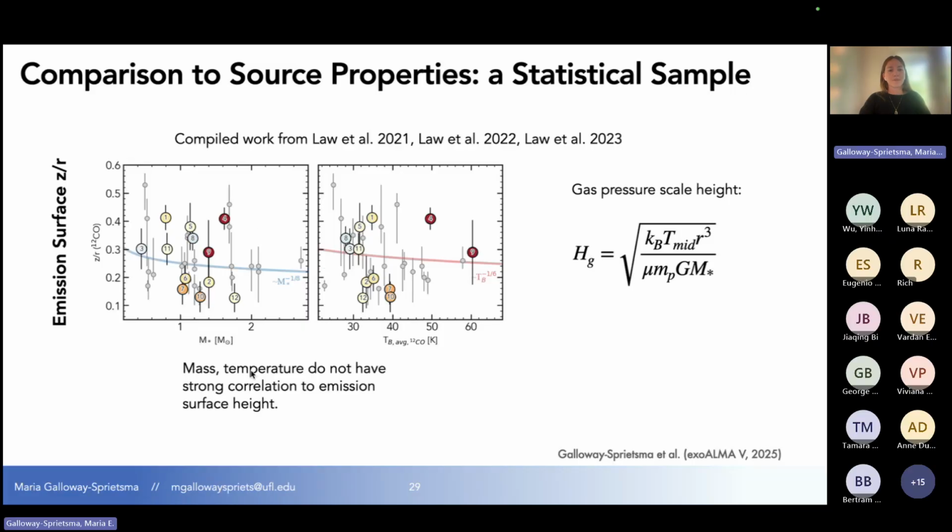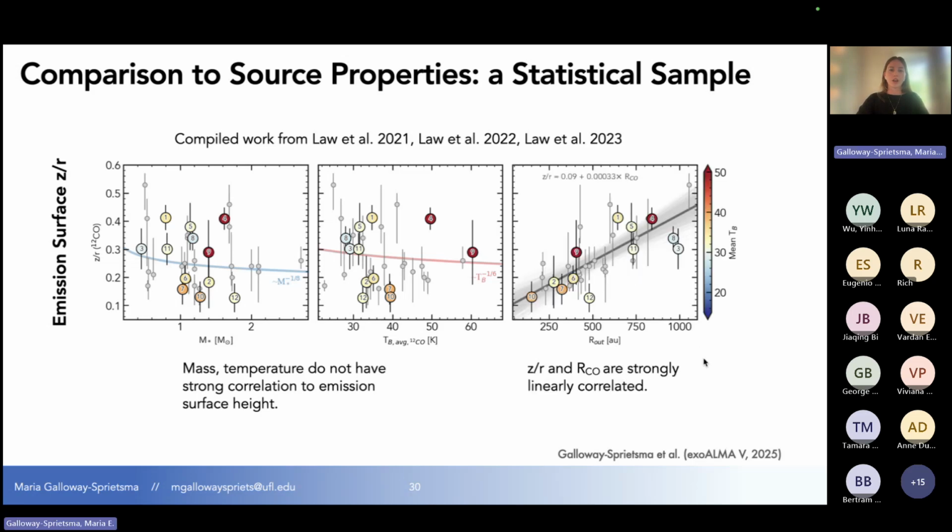And what we see is that mass and temperature don't actually have a really strong correlation with emission height. There's really not a correlation here at all. I've plotted mass to the -1/8 and brightness temperature to the -1/6, which are relations you might expect if you do some back of the napkin math with the gas pressure scale height. But again, there's no clear correlation here.